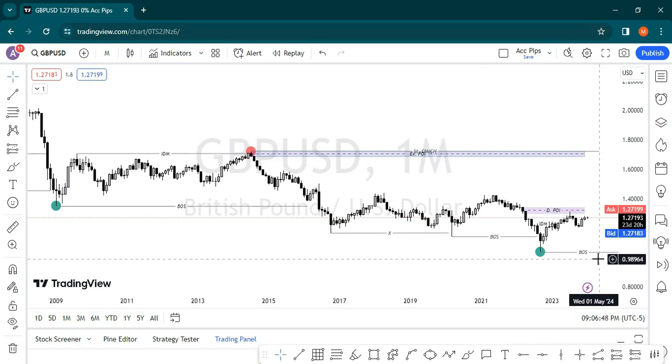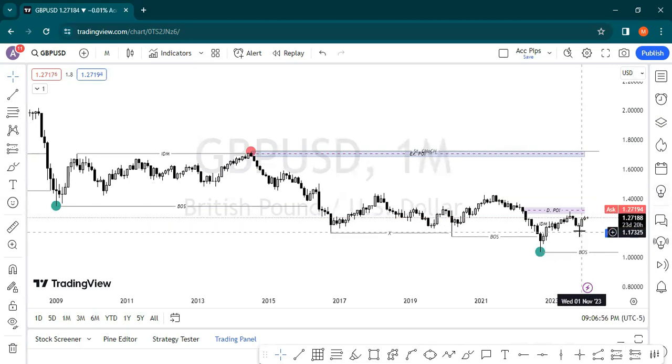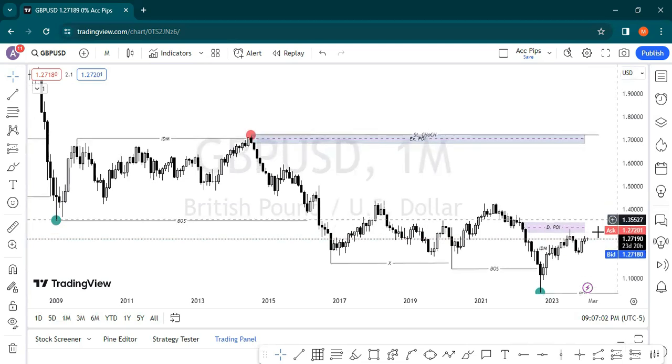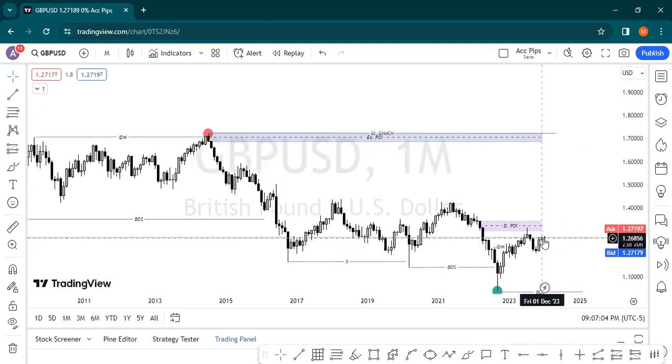Because though we rejected at the decisional OB on the monthly time frame, market is not able to push down, and we could see market reversing from this single candle order block here. So I'm expecting market to push up above this level and probably reach the extreme.